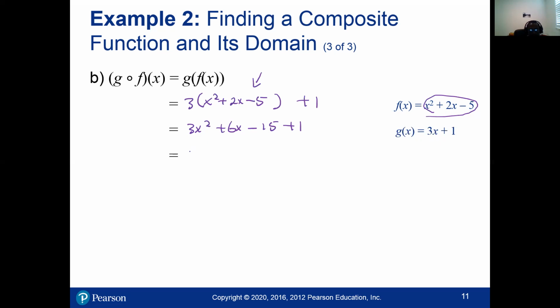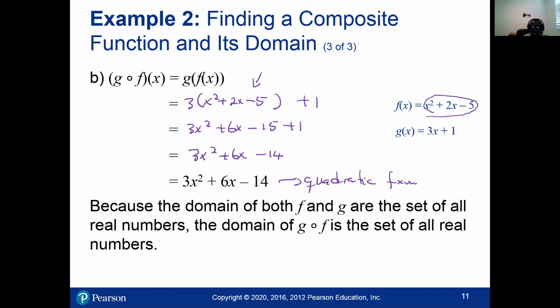So that gives us 3x squared plus 6x minus 14. This expression is also a quadratic function, a polynomial. So what's the domain of that?